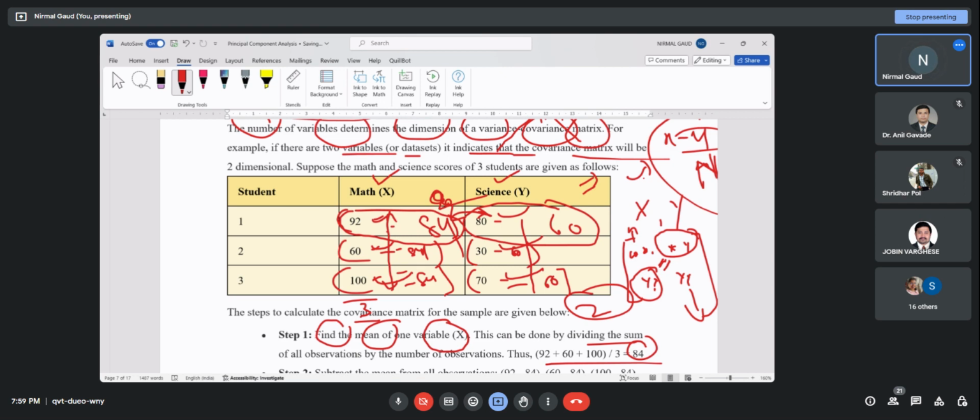See, you are having three student data currently. Now, what is population, sir? Population is 100 student data. For example, from 100 you pick data of 3 students, so it is a sample.